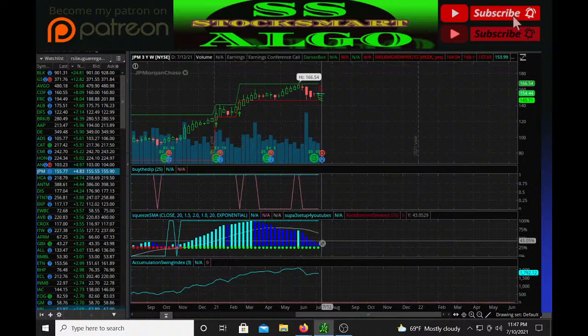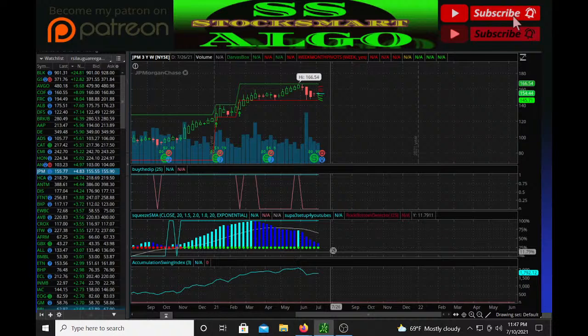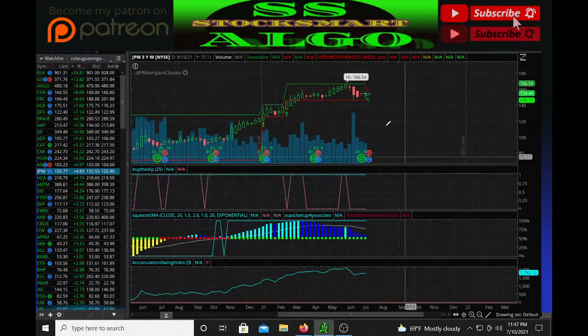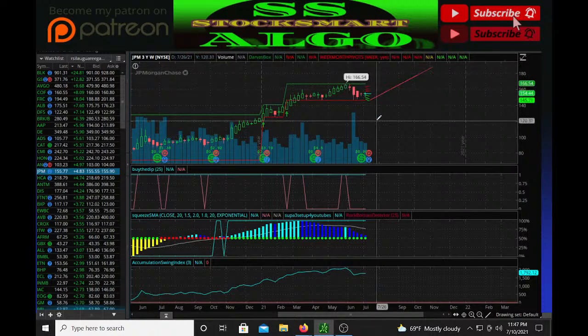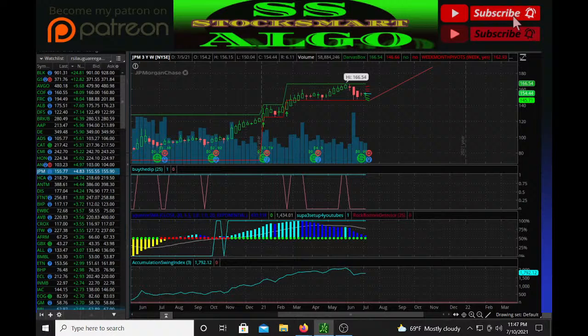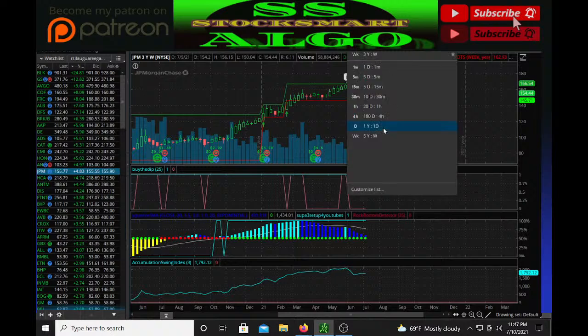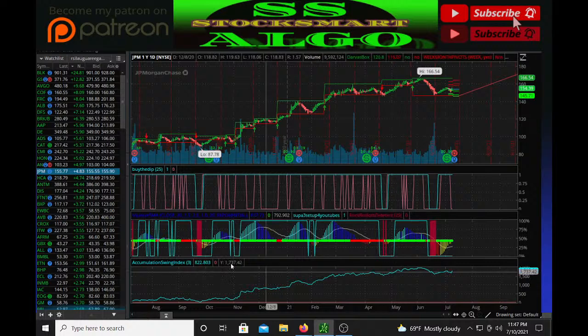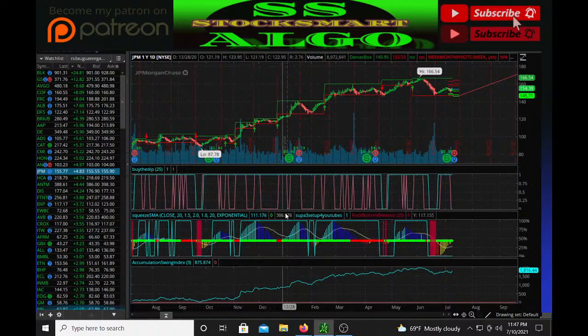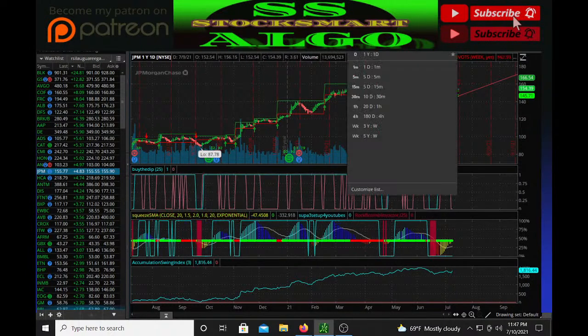So let's see if we start getting cross below 0 and some red histograms here. If not, we could just pull back to this support and continue our trend on up as it has in the past. Okay. Very good. As you can see, the weekly here, it's just been a very, very long trend.